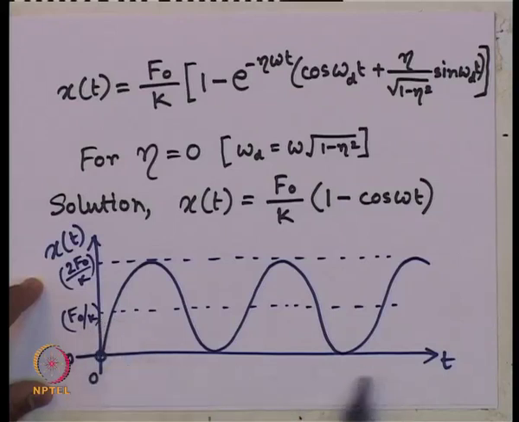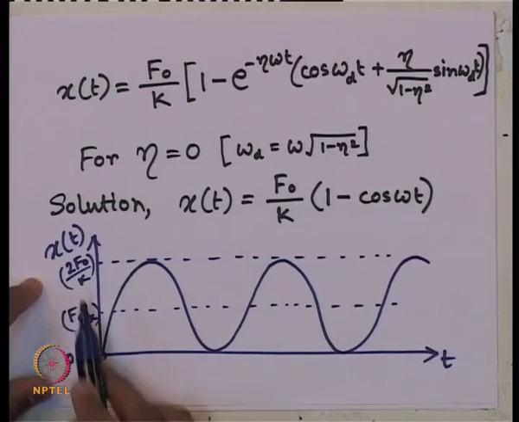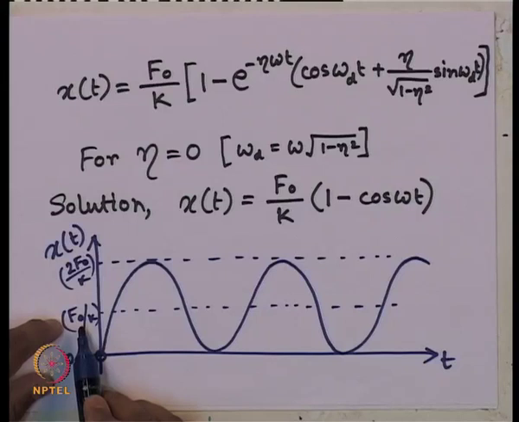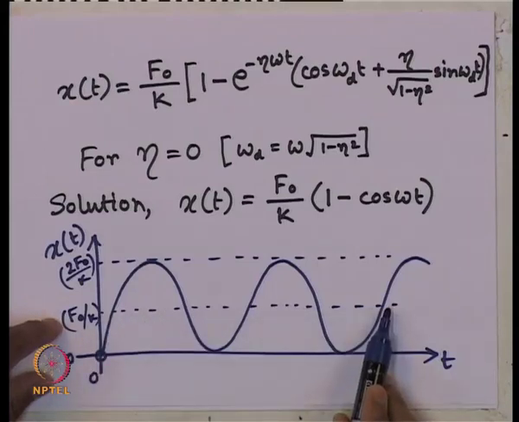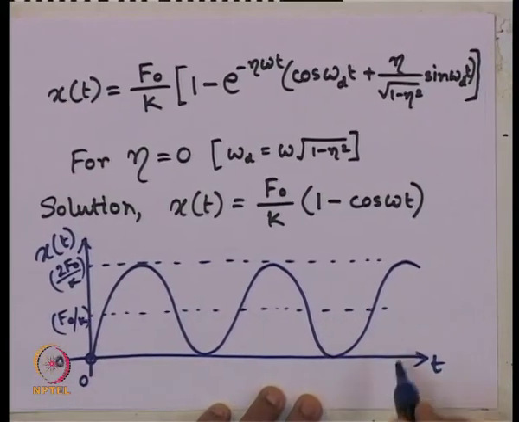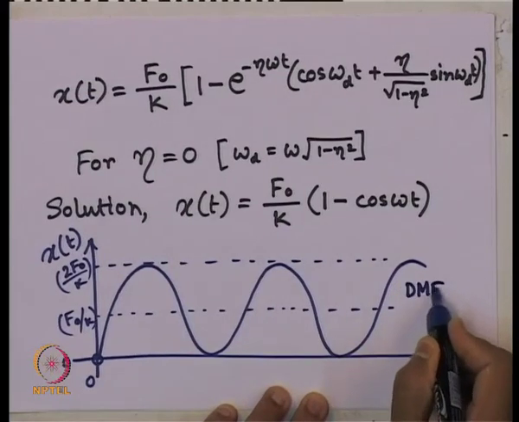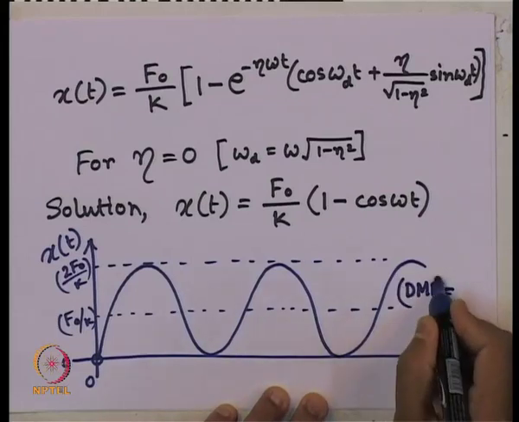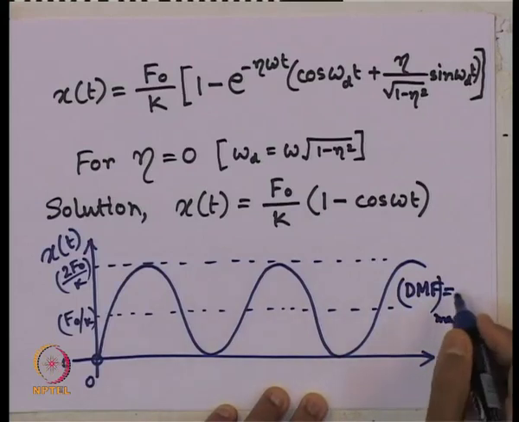It is oscillating not about the baseline of x of t equals 0, but about the central line of magnitude f naught by k. And what is f naught by k? It is nothing but the static displacement. So, f naught by k is the static displacement, and the maximum it can reach is 2 f naught by k. So, what is the DMF for this case? The maximum value of the dynamic magnification factor for this case is 2.